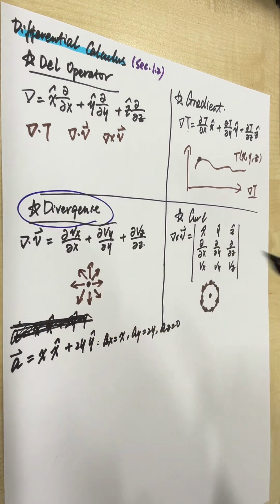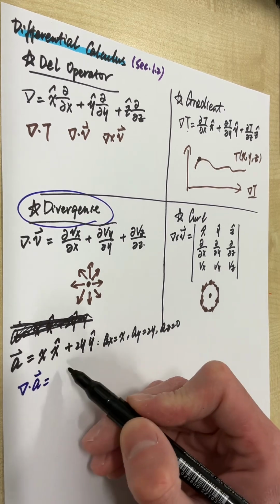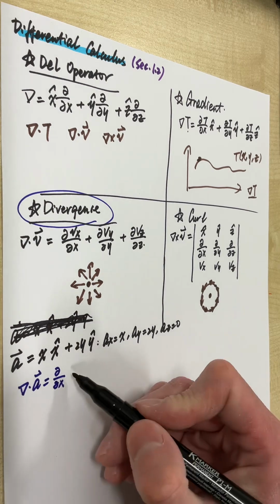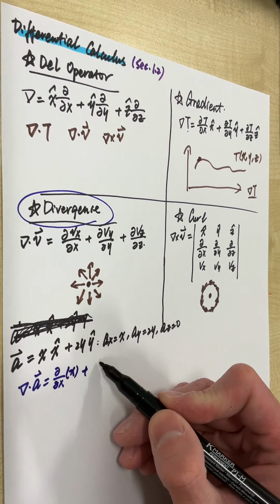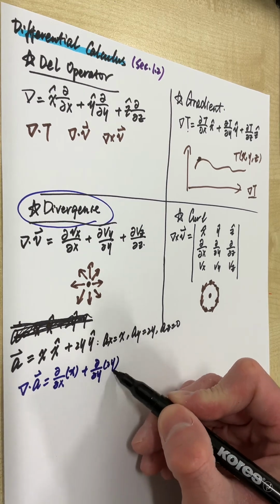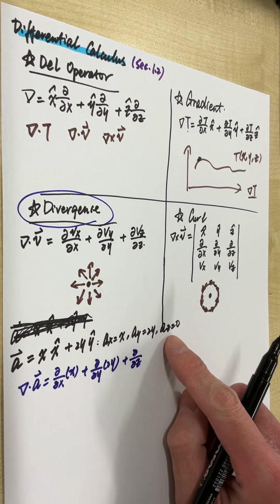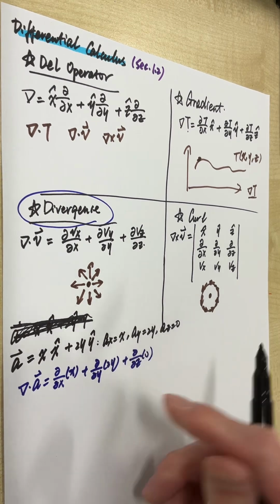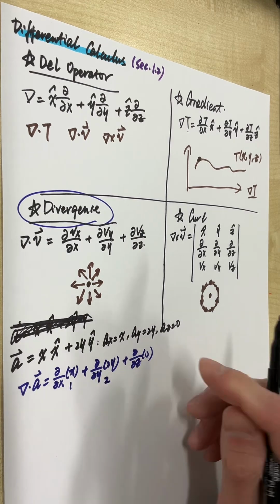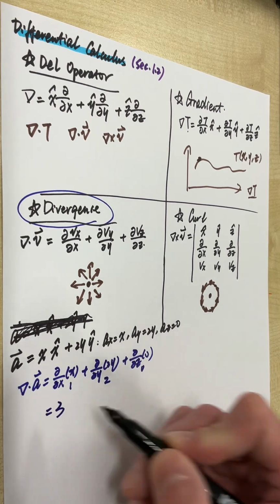Divergence: what we have here is d/dx on Ax, which is x, and then d/dy on Ay, which is 2y, and then d/dz on Az, which is 0. So this is 1, and this is 2, and this is 0. So I have a divergence of 3.